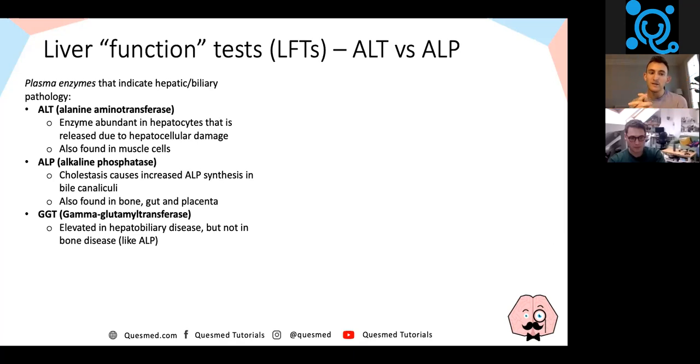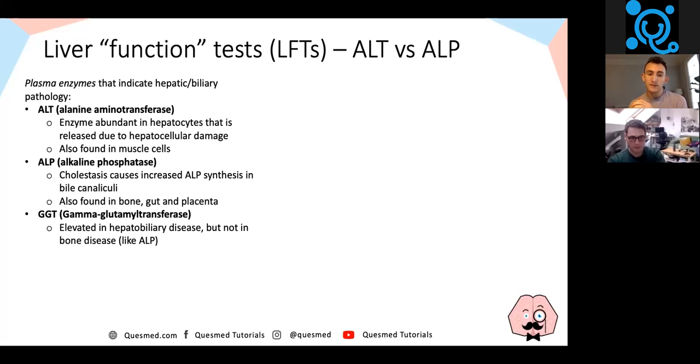And ALP is an enzyme that is synthesized in the biliary canaliculi cells, and cholestasis causes an increase in the synthesis of ALP. It's important to remember that ALT can also be found in the muscle, and ALP can also be found in the bone and in the gut and in the placenta.